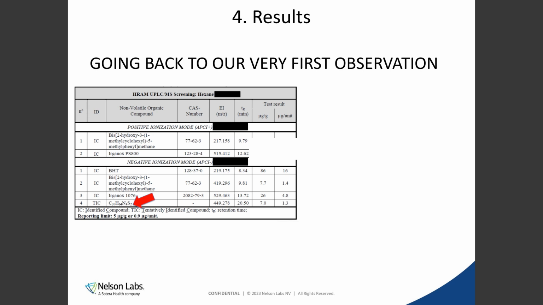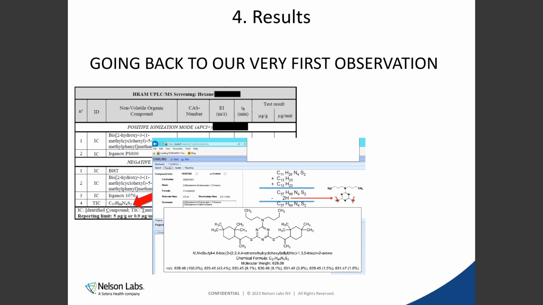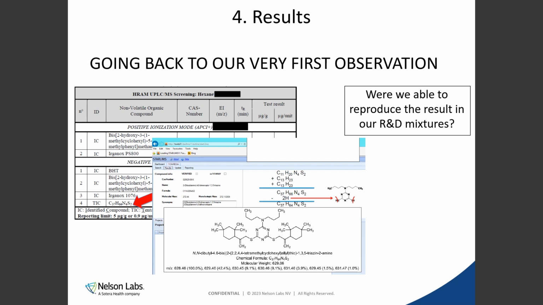Okay. Going back to our initial observation, why we started the project, we wanted to see if this compound would be there, and if we can confirm that. If you go back to one of the first slides, our prediction was that this would be the product from the oligomer together with the crosslinker, and it was expected that it would completely fit.